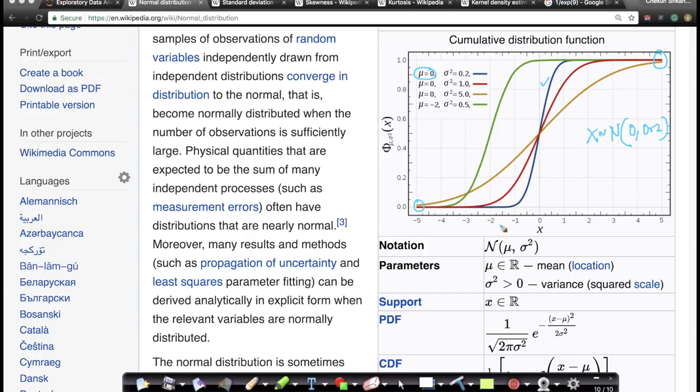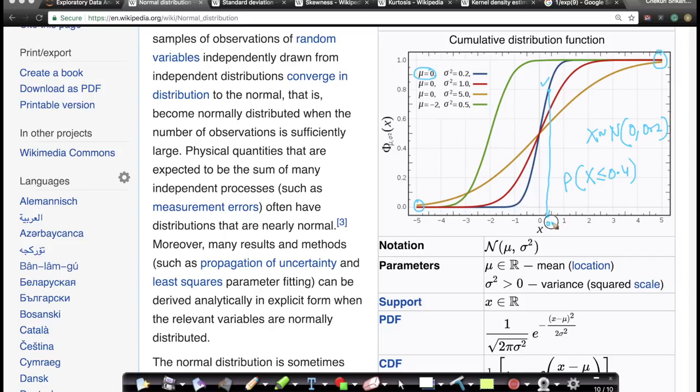Now for a CDF, just to quickly recap, given any point here, what does the CDF height represent? It represents the probability that my random variable X is less than or equal to this value. Let's assume this value is 0.4. It looks like 0.4, and this is 1.